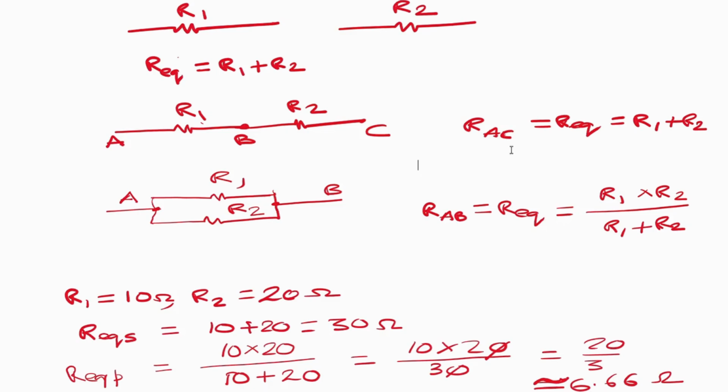The end point of R1 is connected to the starting point of R2. That is the series combination, or series connection.